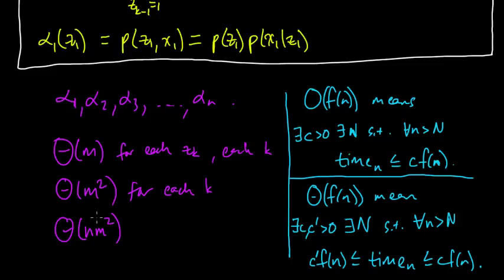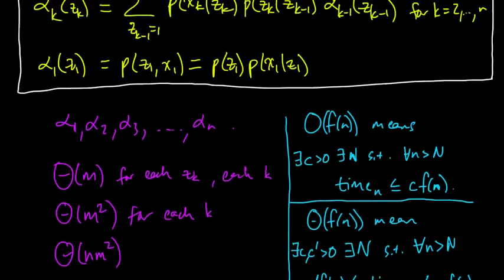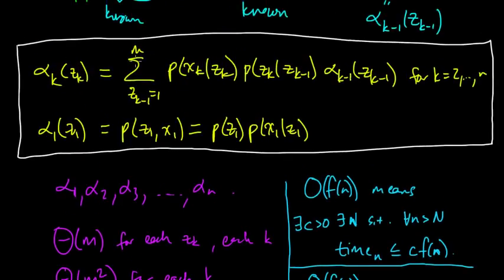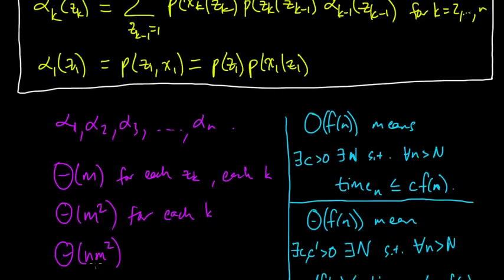In this case it's not even just asymptotically, it's directly so. We talked about the reason in the previous video: for each z, you have to do this computation, and there are m z's, and the computation involves m steps because the sum is over m. And we have to do it n times to get all the alphas.